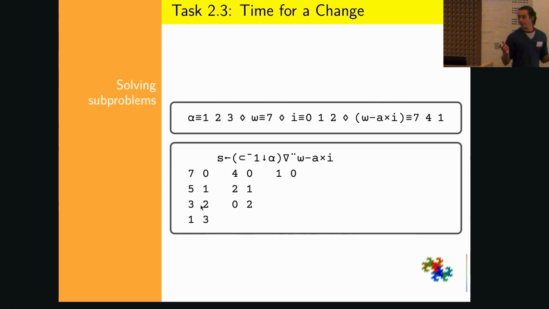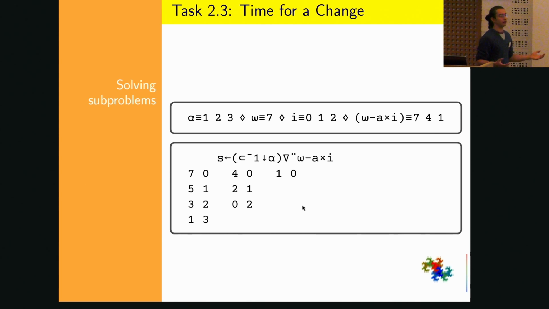Now we solve the sub-problems by recursion. So we will be able to tell that the amounts left over from this subtraction will be omega subtracting the last element of alpha times the amounts of coins that we decided we would be subtracting. And we will recurse dropping the last element of alpha.